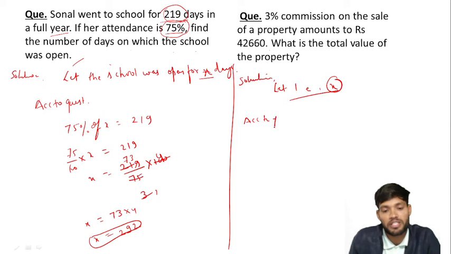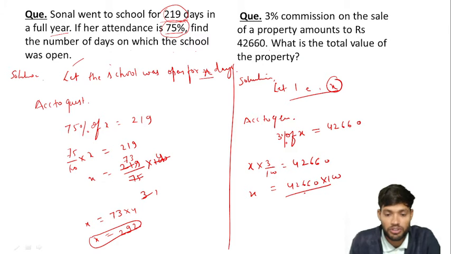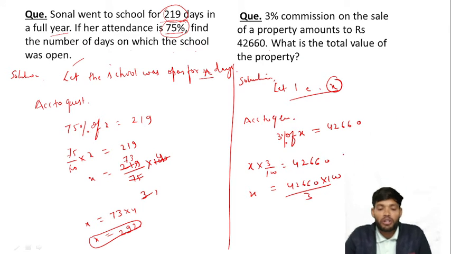According to the question, 3% of the total value of property X, 3% of X is equal to 42,660. Now X into 3 by 100 is equal to 42,660. So X is equal to 42,660 into 100 upon 3. Now calculate this.